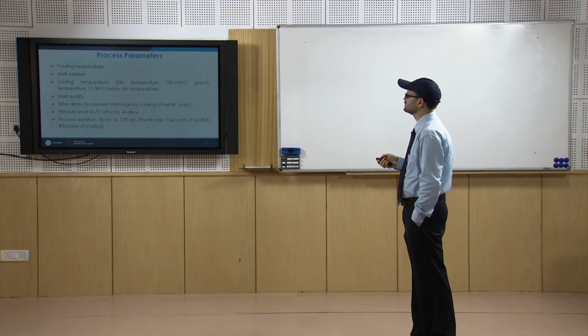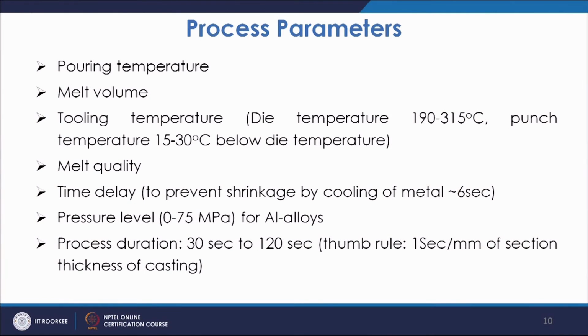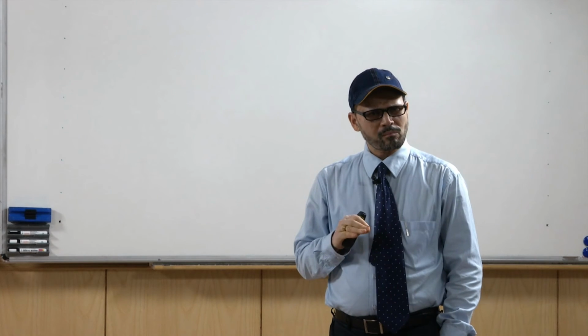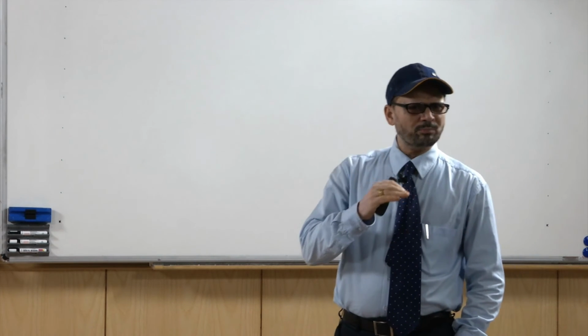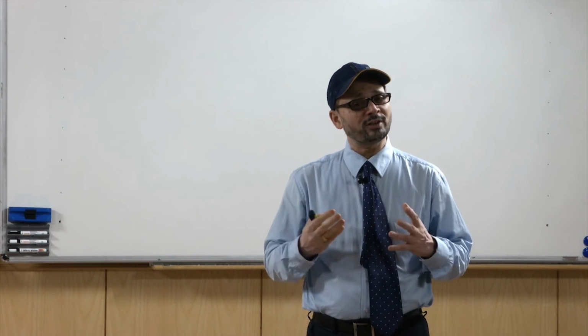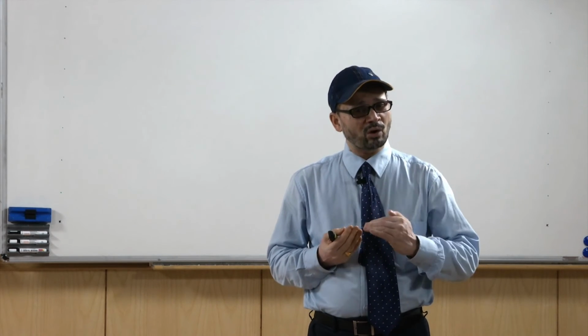Like pouring temperature or melt volume has to be adequate, so that when you are putting it in the cavity, during that process it should not lose the superheat, the temperature should not come down.